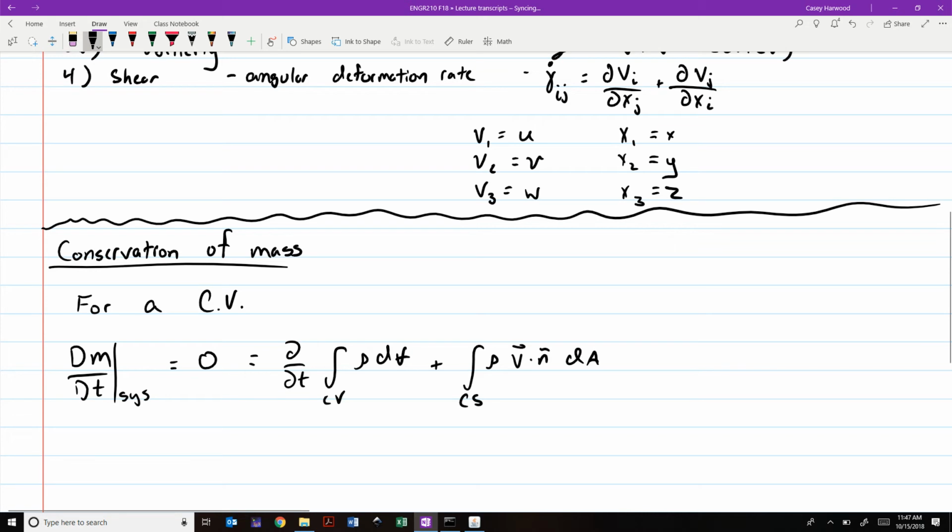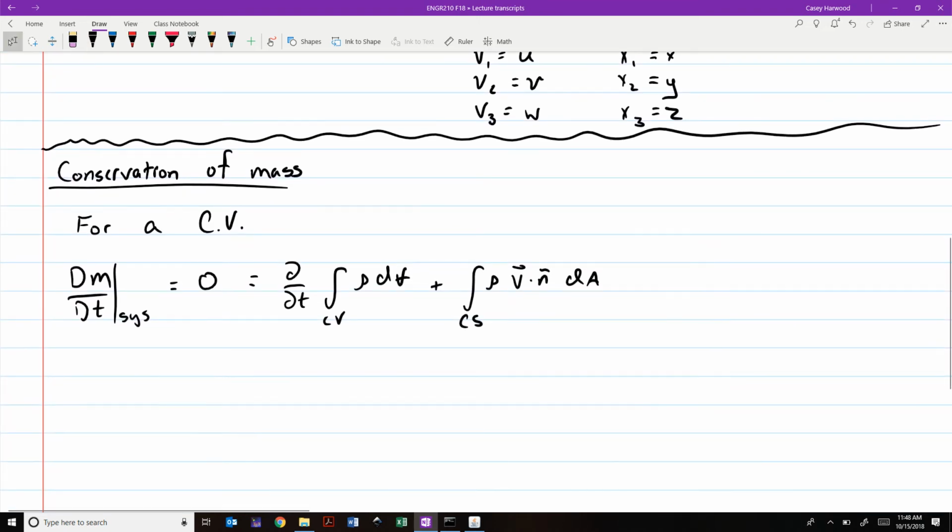It's our Reynolds transport theorem applied to mass, and we've seen this equation. This is what gives us our A1 V1 equals A2 V2 that we've been using all over the place with Bernoulli and flow through pipes and such.